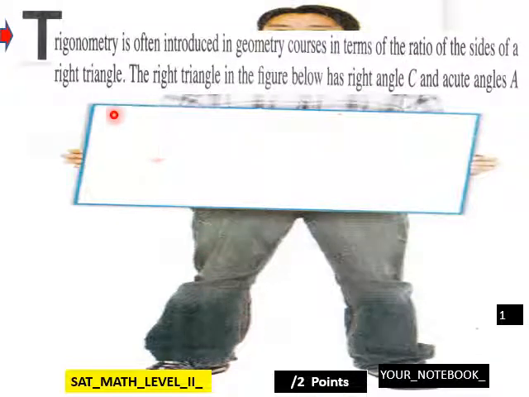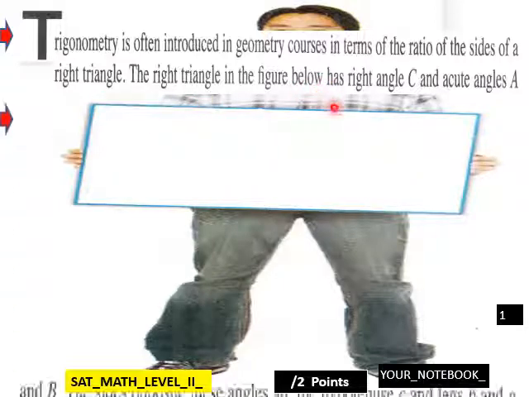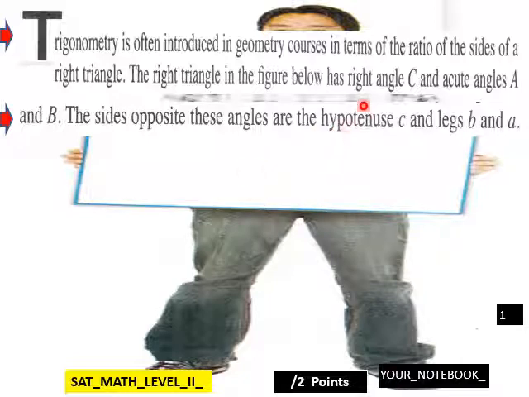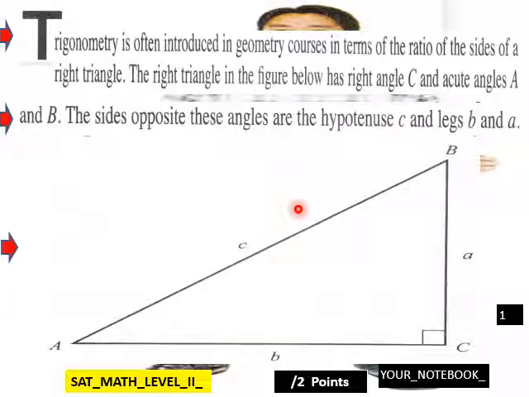Page 1. Trigonometry is often introduced in geometry courses in terms of the ratio of the sides of a right triangle. The right triangle in the figure has a right angle C and acute angles A and B. The sides opposite these angles are the hypotenuse c and legs b and a.